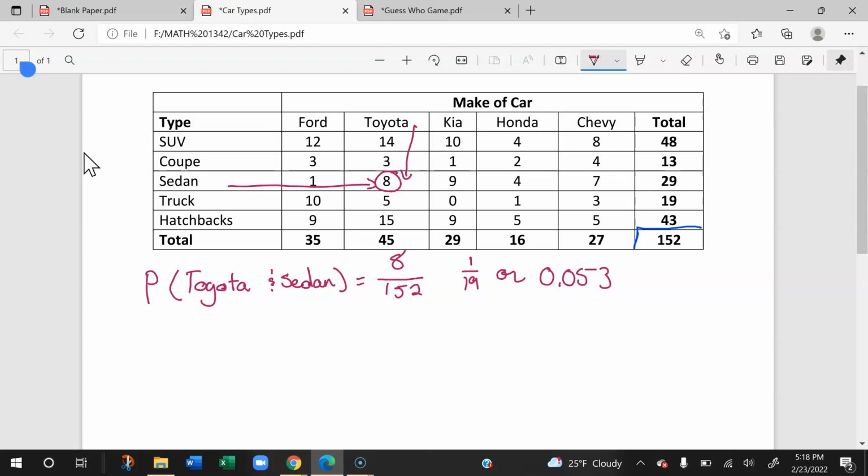That's the "and," which we talked about when we were talking about the intersection. Anytime you have just an "and," it's where those two things intersect.